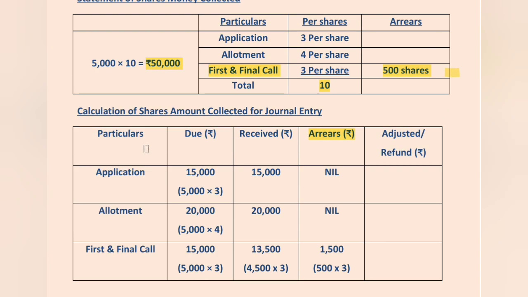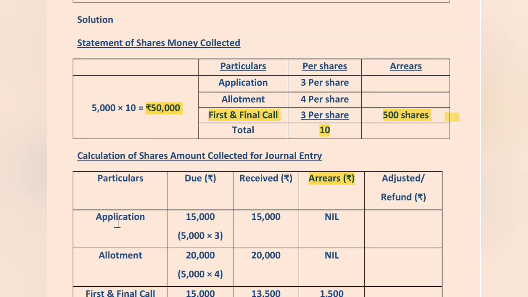So first one is application money. Whenever the public applies in the bank by providing money, the bank receives the money. How much do they receive? 5,000 into 3 rupees, that is 15,000.